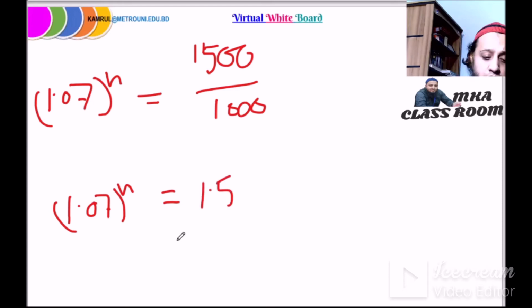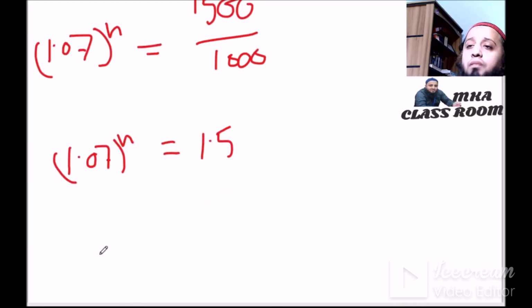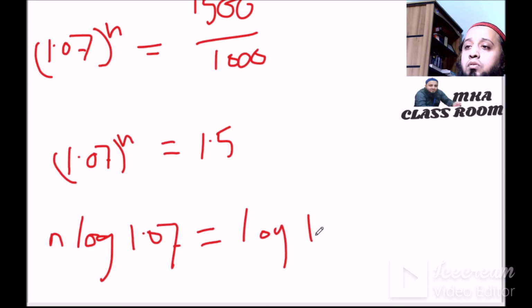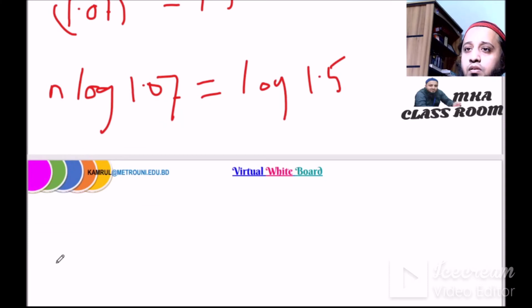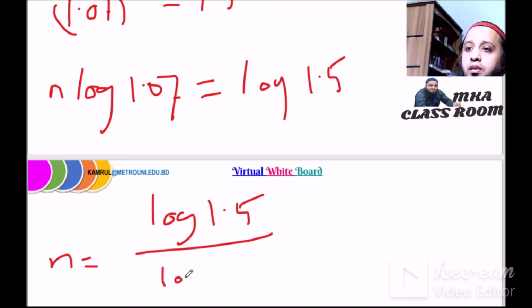If you take the log of both sides, n log 1.07 equals log 1.5, then n equals log 1.5 divided by log 1.07.